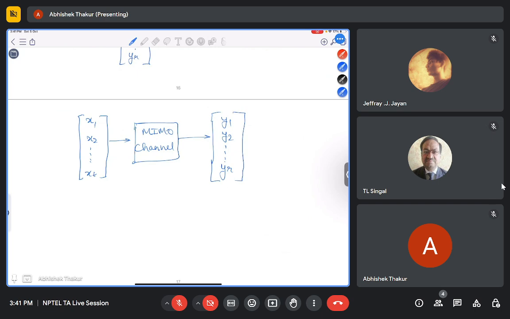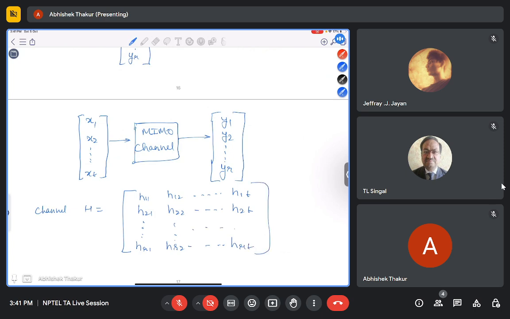Okay, so the channel H is given as H11, H12, up to H1T, H21, H22, up to H2T, and HR1, HR2, up to HRT.